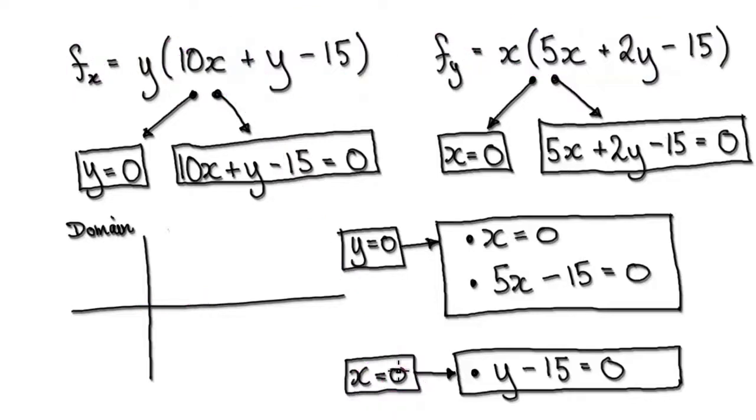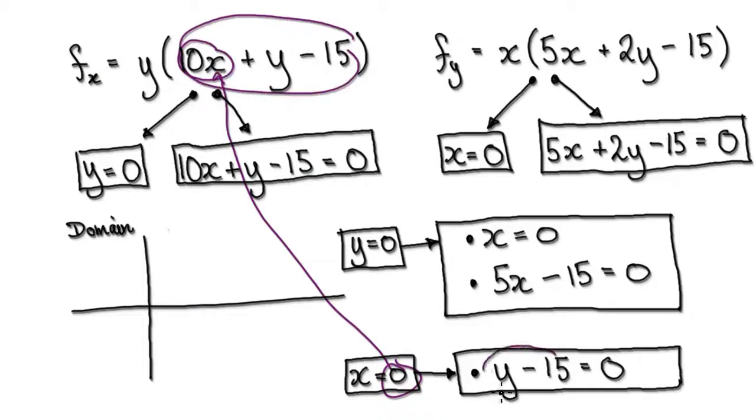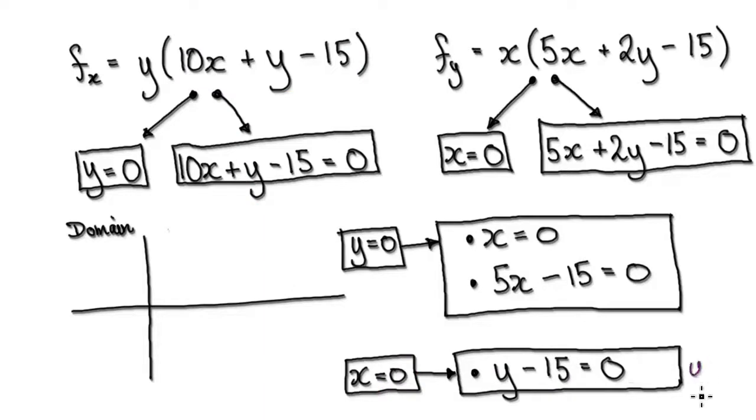So y minus 15 must be 0. When x equals 0, y will be 15. So you've got another critical point somewhere up here, not to scale. x equals 0, y equals 15 is another critical point.